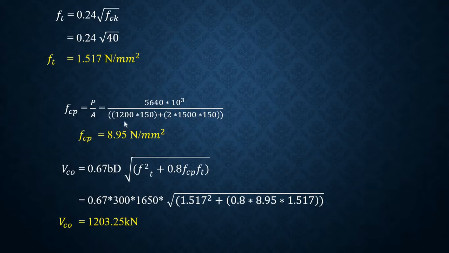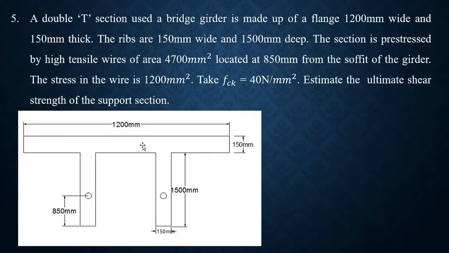The first term you can see here is 1200 into 150. That is the flange area. 1200 into depth is 150. This is the area of the flange. Next is about the rib area. To calculate the rib or web area, you should take depth into width.